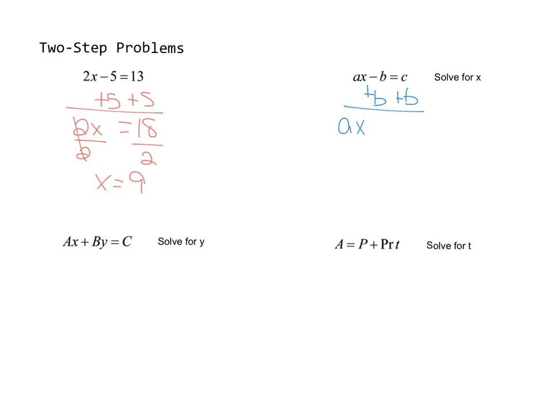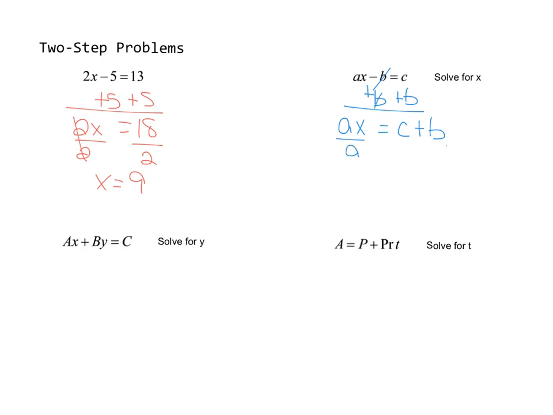So I get ax equals, and I can't combine c and b. They're not like terms, so I just have to write c plus b. Then I look here, I remember that I'm solving for x. This is a times x, so the inverse operation is divide by a.